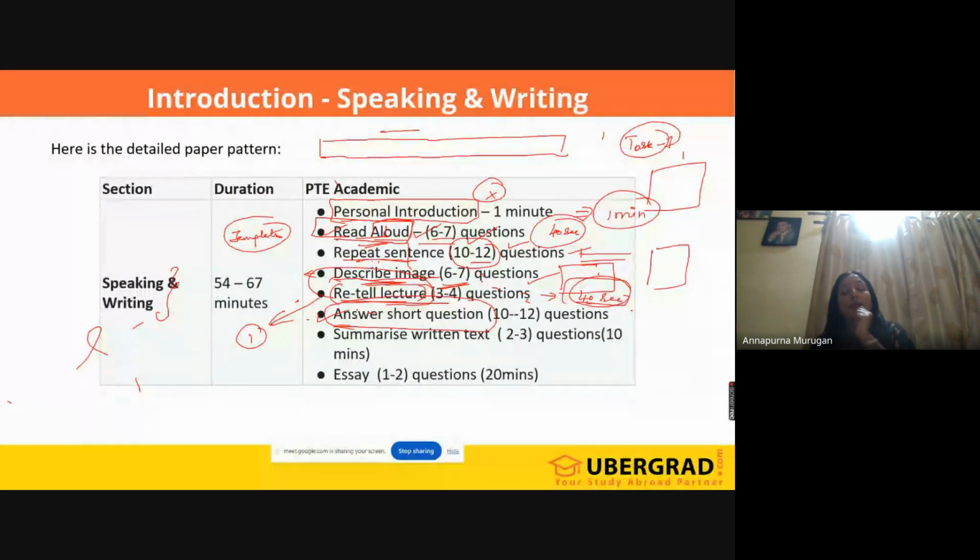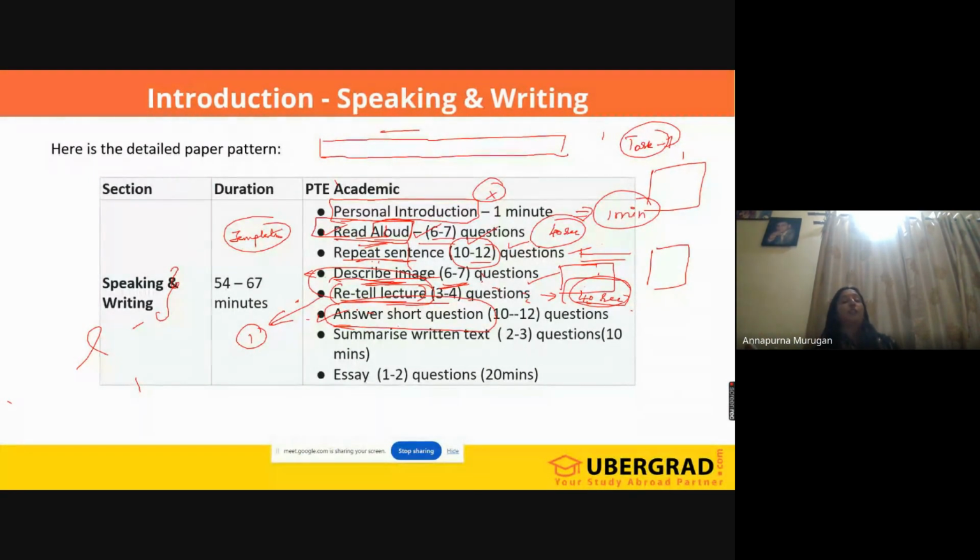It also doesn't mean that because the length must be short, we can present just one particular thing. No, when somebody reads your summary, they should get the complete story of the reading passage, the article that they have given. They should not get half the information.